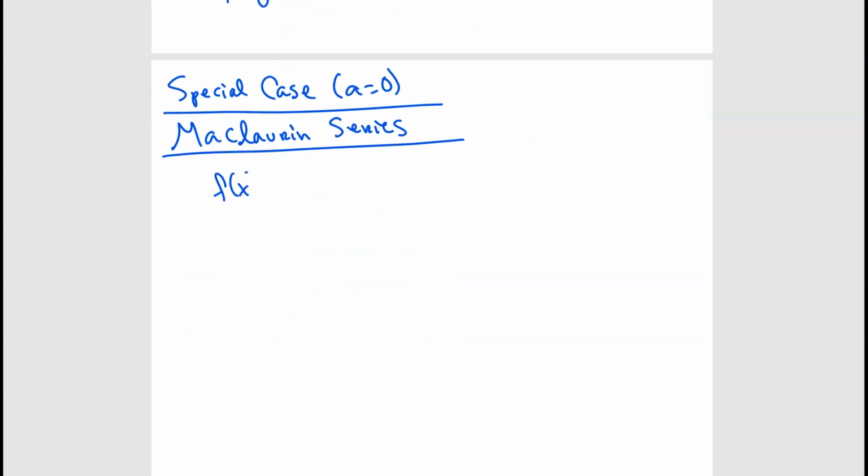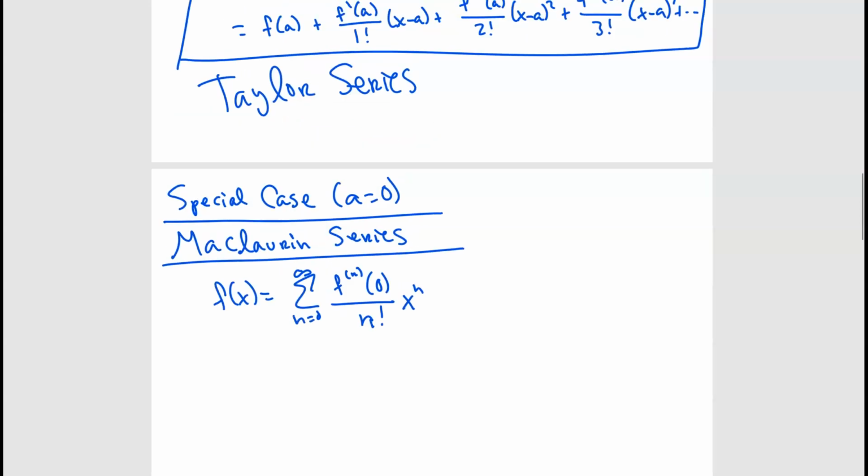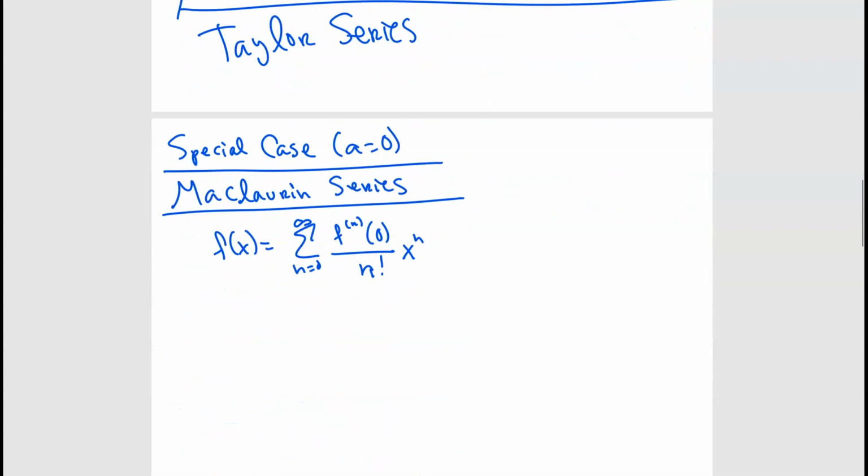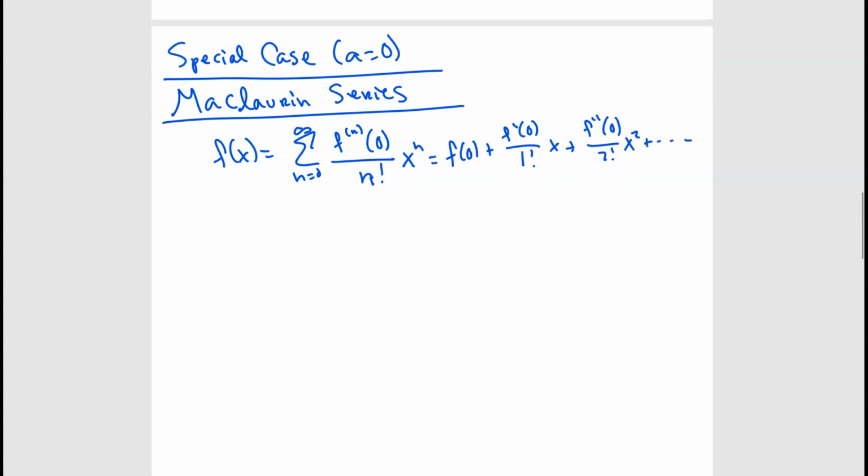So our function f of x is going to be the summation from n equals 0 to infinity of f to the nth derivative at 0, divided by n factorial, times x to the n. Notice that the a goes away because when I plug in 0, I'm just going to have x to the n. So this is basically going to be f of 0 plus f prime of 0 over 1 factorial times x, plus f double prime of 0 divided by 2 factorial times x to the power of 2, and so on and so forth. So this is what we call a Maclaurin series.